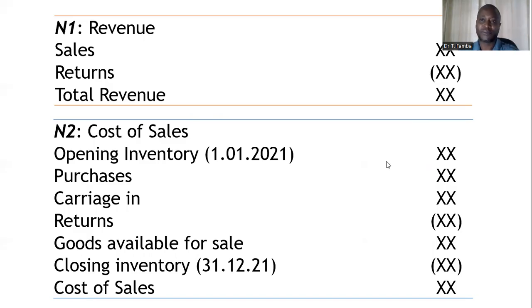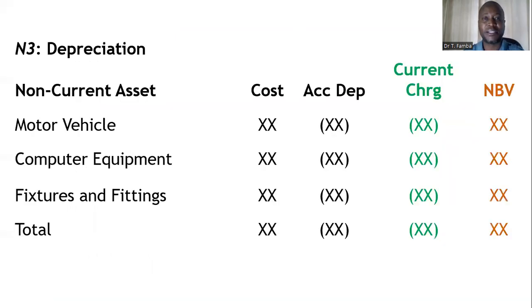And then we also have the cost of sales, where you bring in your opening inventory, your purchases, your carriage inwards, your returns, your goods. Then you get your goods available for sale, and then you deduct the closing inventory, as you can see here in this slide.